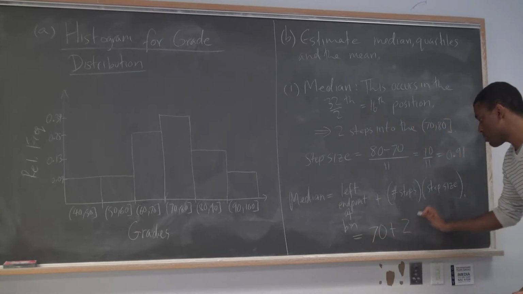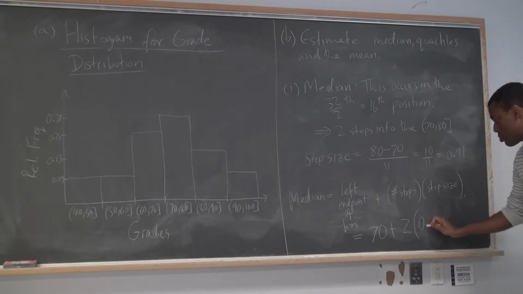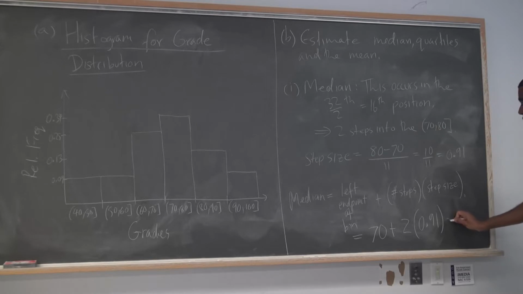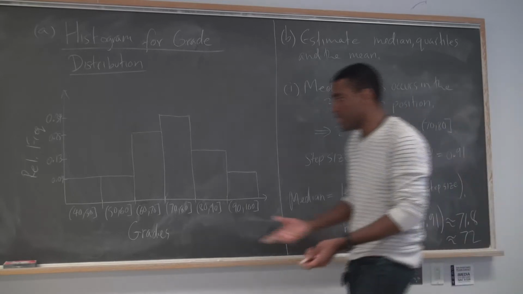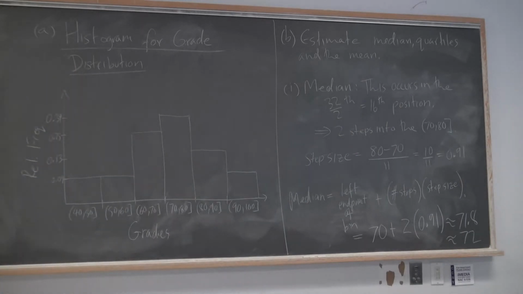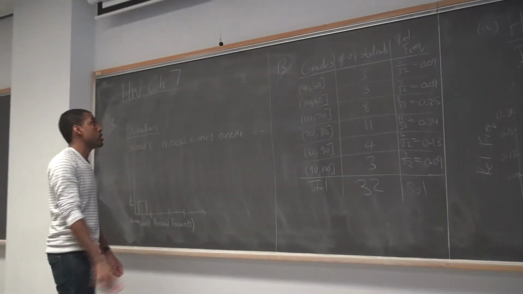We need to take 2 steps and each step is of size 0.91. So the median should be roughly 71.82, so roughly 72-ish. Again, it's an estimate. You don't have to be exactly on the mark here. You just want to have a rough idea.